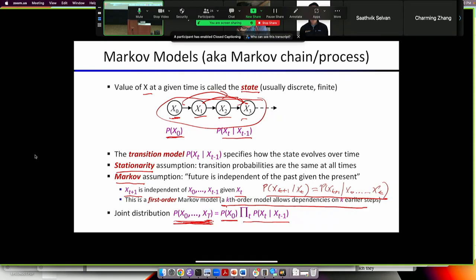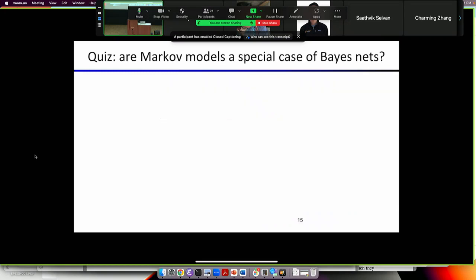So I actually need to do a bit more math. Fortunately, Kolmogorov did all that math for us, and so we don't need to worry about it. If you're interested, it's called the Kolmogorov extension theorem, which talks about distributions over infinitely many variables, basically as the limit of distributions over any finite subset. So all of that stuff is taken care of by clever mathematicians, and you don't need to worry about it, but that is technically a difference between Markov models and Bayes nets.